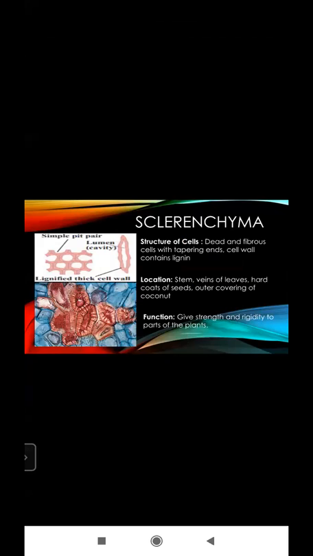Remember, these are the main three simple cell types: parenchyma, collenchyma, and sclerenchyma. Now we are going to start with the complex tissues. This tissue will contain a combination of the simple permanent tissues in it.